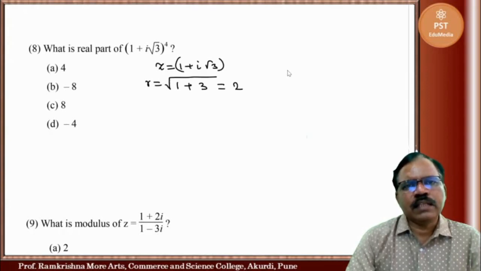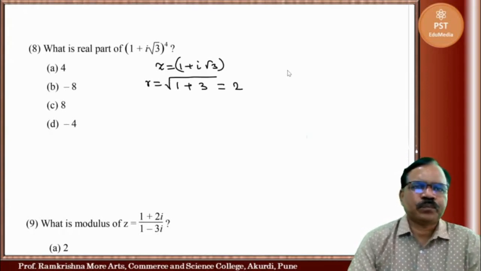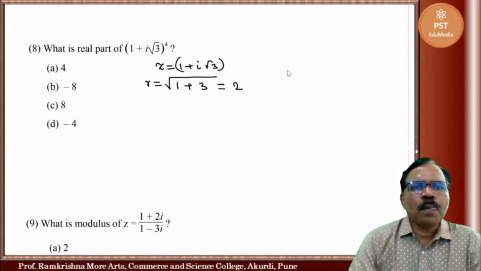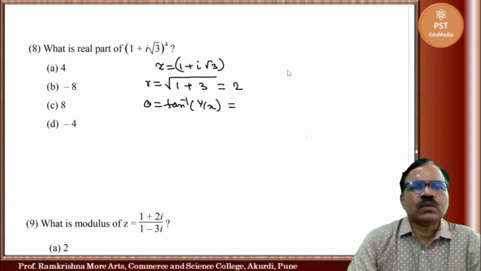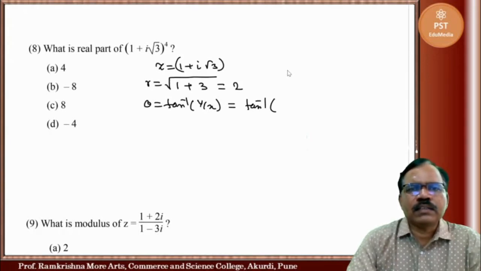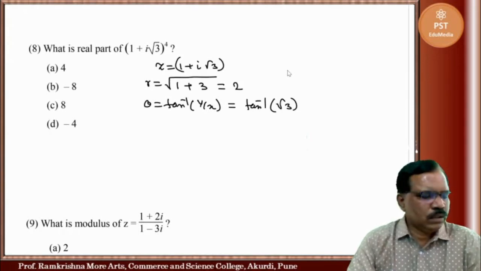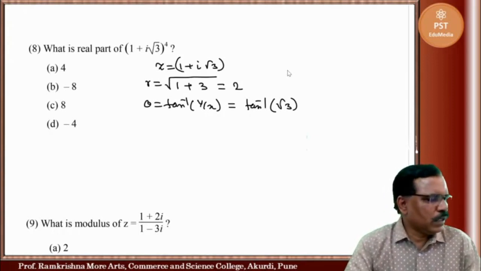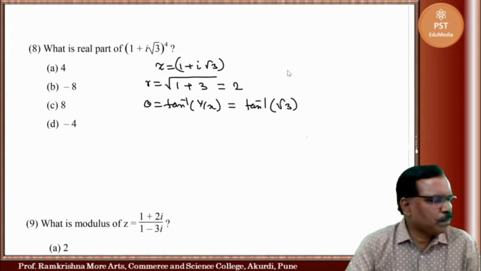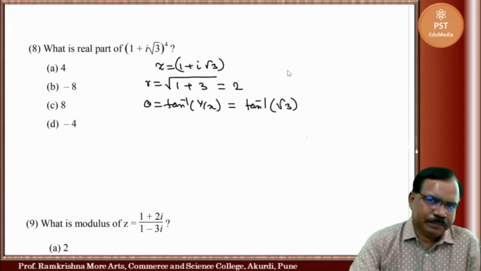So you will get this as 2, root of 4. Now θ is equal to tan inverse y by x. So here tan inverse √3, and tan inverse √3 is π/3.